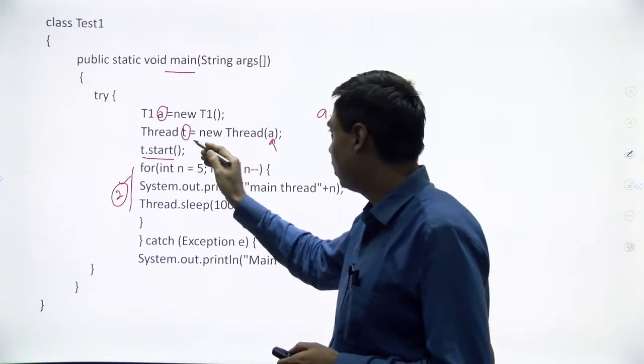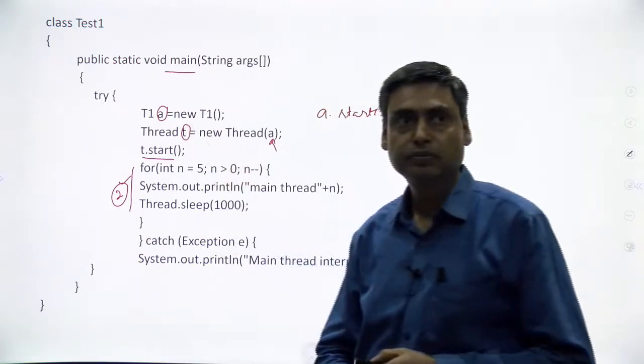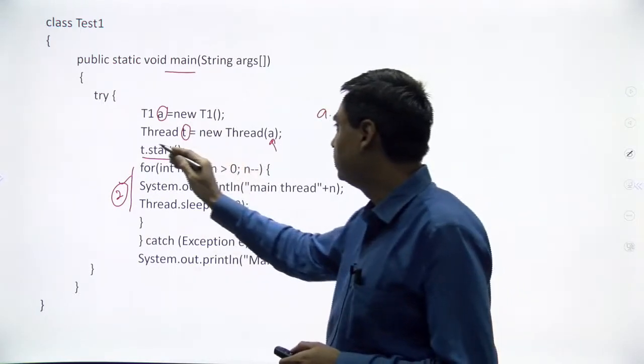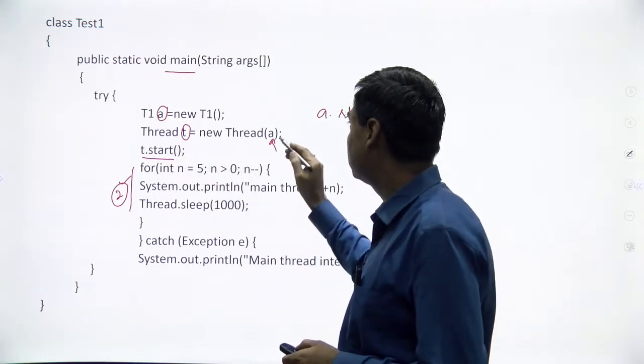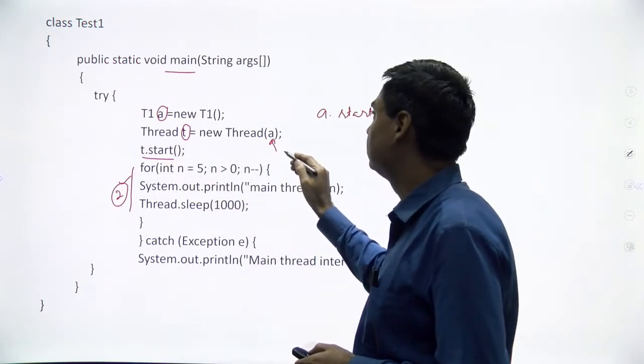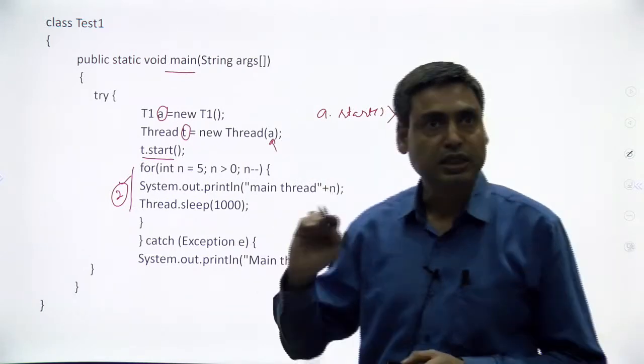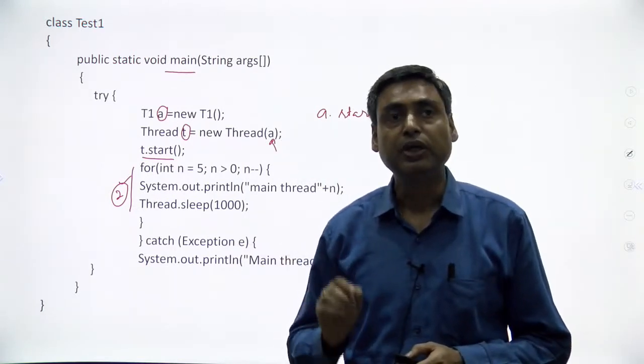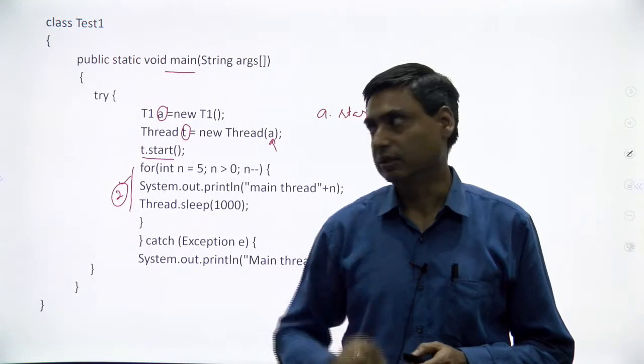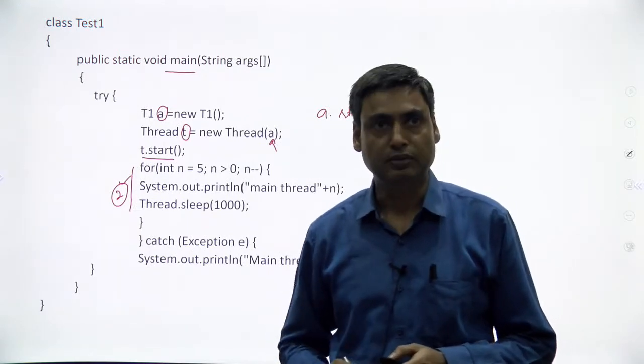We have to create the object of thread. Then we need to use t.start. So we need to perform the wrapping of a variable in the object of a thread class. Then only this thread will run. Otherwise, it will not run.